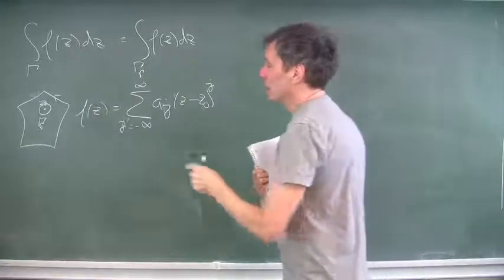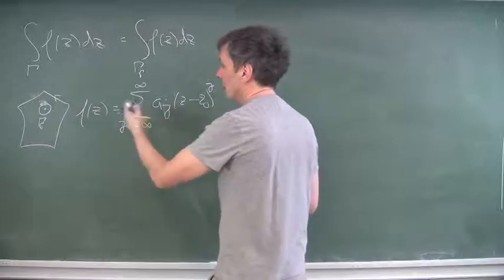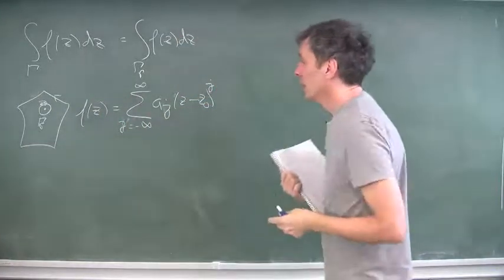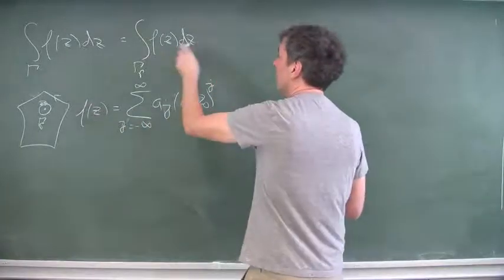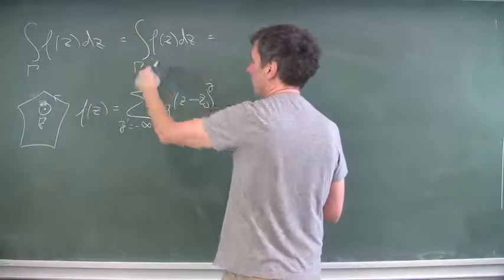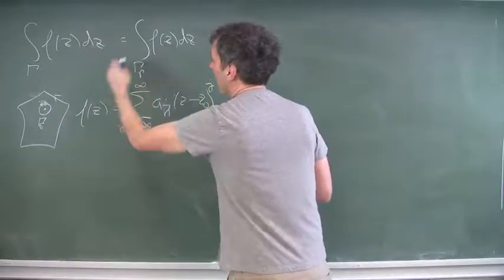And if this circle here is sufficiently small so that it's inside the radius of convergence of this power series, then we first of all can replace f by the power series and then move the summation outside the integral.